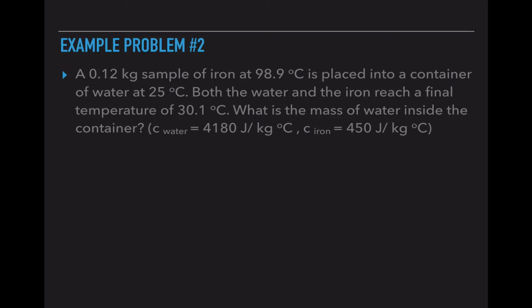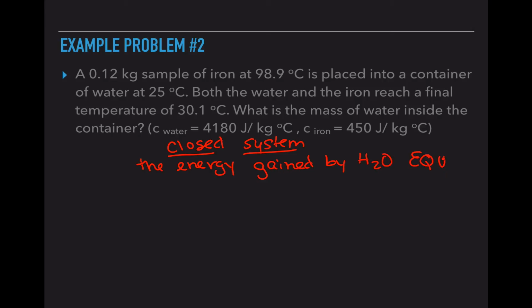So this is a super special scenario. Since this is a closed system, we have water inside a container and we are adding a hot piece of iron to that water. The energy gained by the water equals the energy lost by the iron.